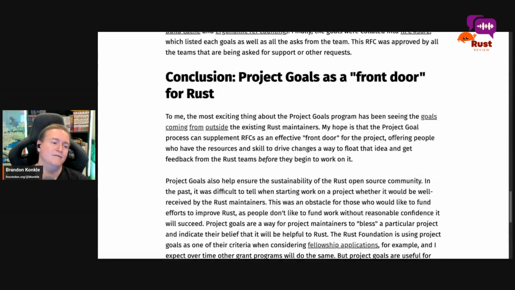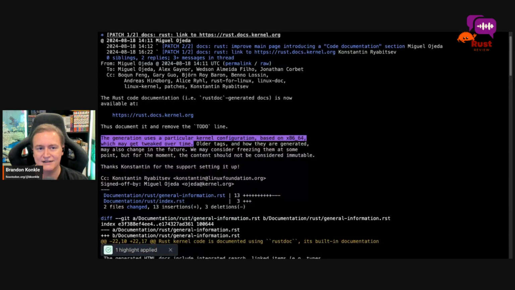All right, so definitely an interesting post there about where Rust is going. And then an interesting aside talking about Rust's kernel support in Linux. They just announced that the documentation, the rustdoc generated documentation, is now available. They now have a homepage for it. It uses a specific kernel configuration, so it's based on the x86-64 architecture.